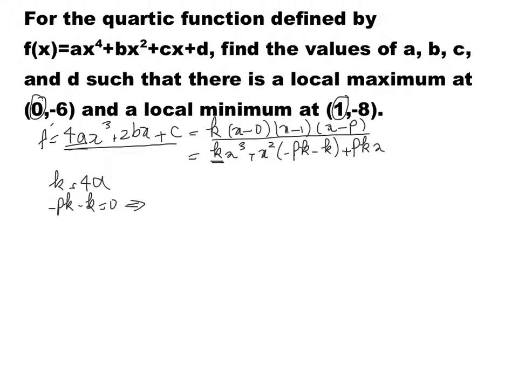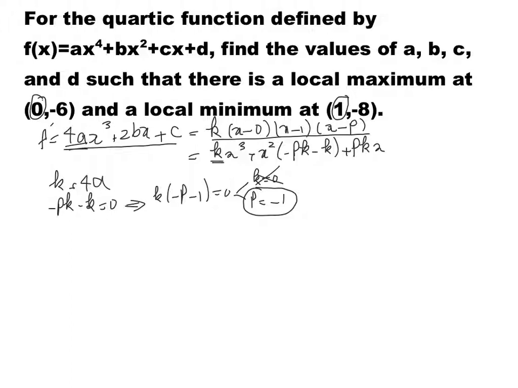From here, we get k times minus p minus 1 is equal to 0. It's either k has to be 0 or p has to be negative 1. K cannot be equal to 0, because if k is 0, then we don't have any expression on the right. Because kx cubed is 0, pk minus k gives us 0, and pkx gives us 0. So p has to be negative 1. That's the second observation here.